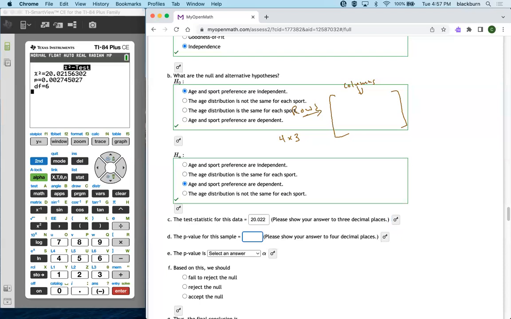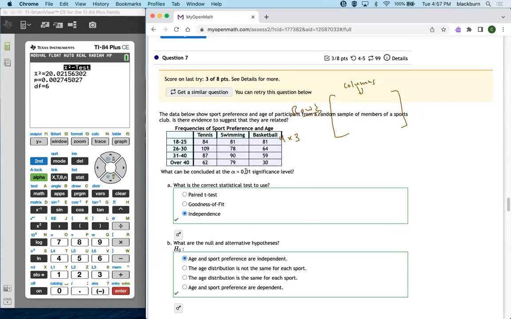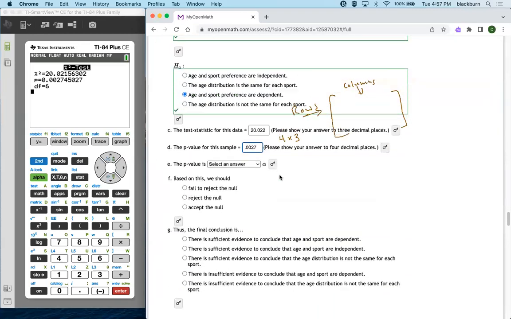Then our p-value is very small, so that stands to reason we're going to reject the null hypothesis, and age and what people play are definitely dependent variables. My significance level is 0.01. 0.0027 is definitely less than 0.01. Therefore, we reject the null. P less than alpha, reject the null.